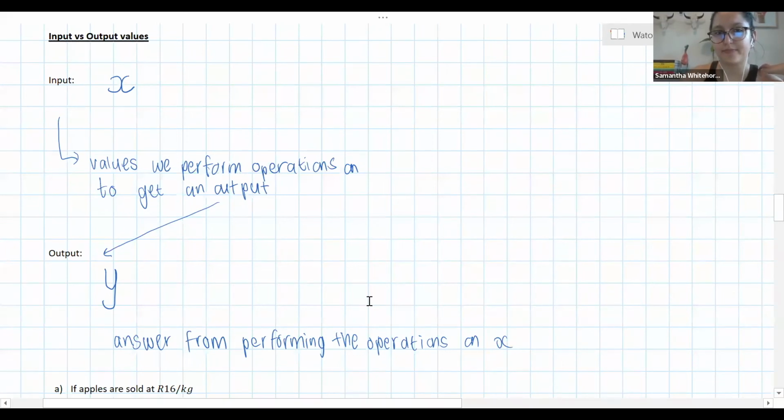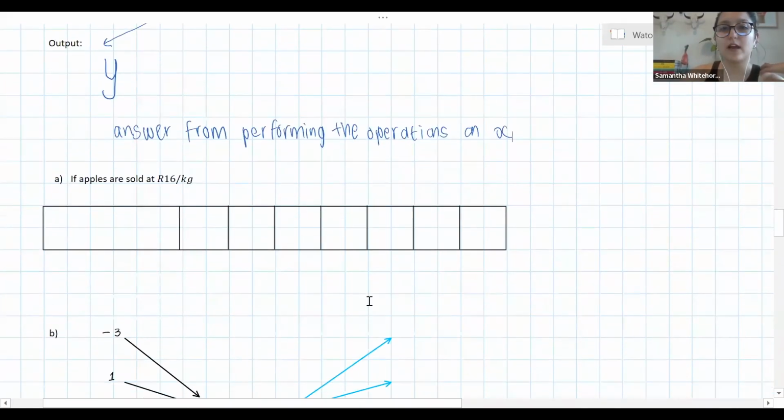Alrighty. Okay, so some easy examples to start off with. We're going to have a look at, just like when we buy things, what is the relationship between how much I buy and how much I spend? So that's a very basic example.